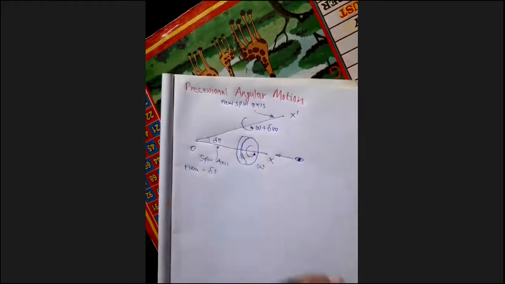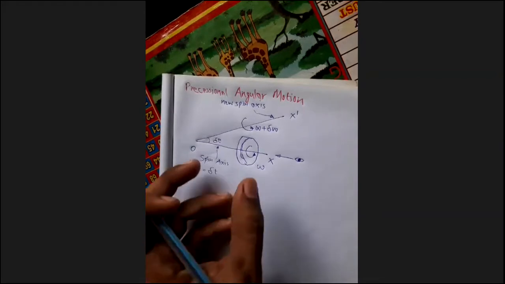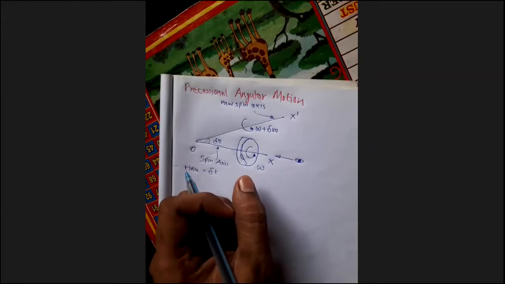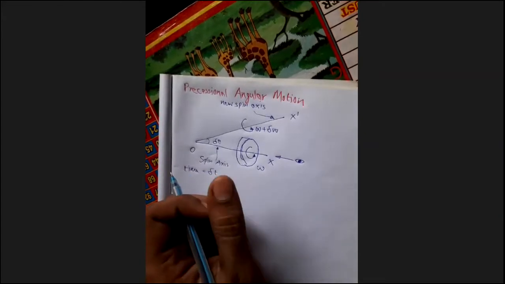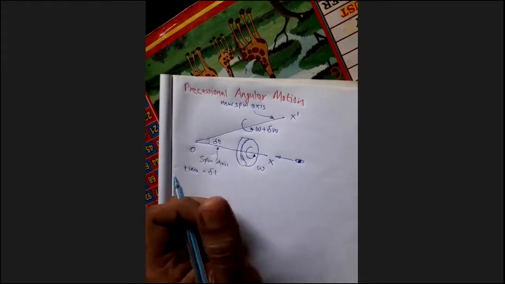Now I draw a vector diagram representing the direction of these angular velocities. While showing you the video, I told you the direction of torque or couple or angular momentum or angular velocity is given by the right hand rule.